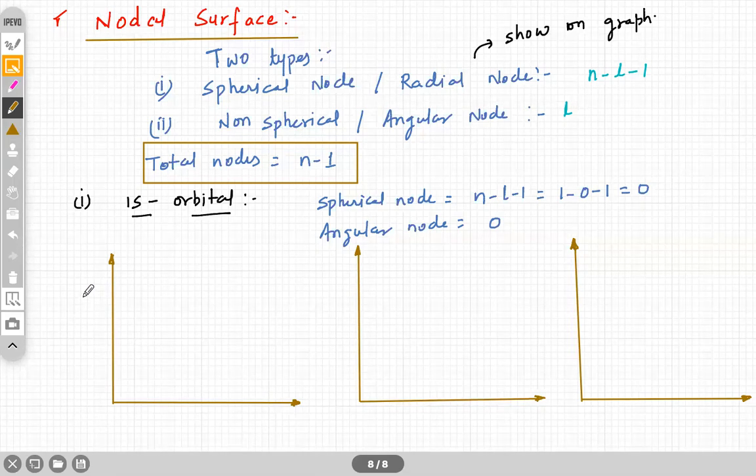This side we have psi, that is the wave function, and this is the radial distance from the nucleus, r. This is the probability density function, psi square, and this is r. And this is the probability, 4 pi r square dr into psi square, and this is the radius.